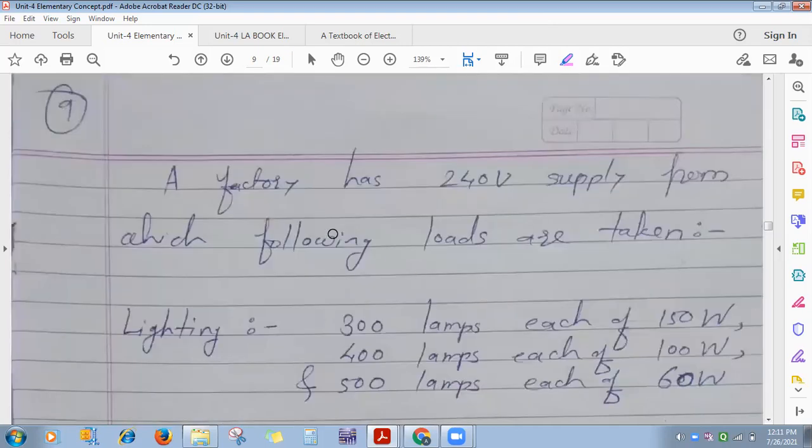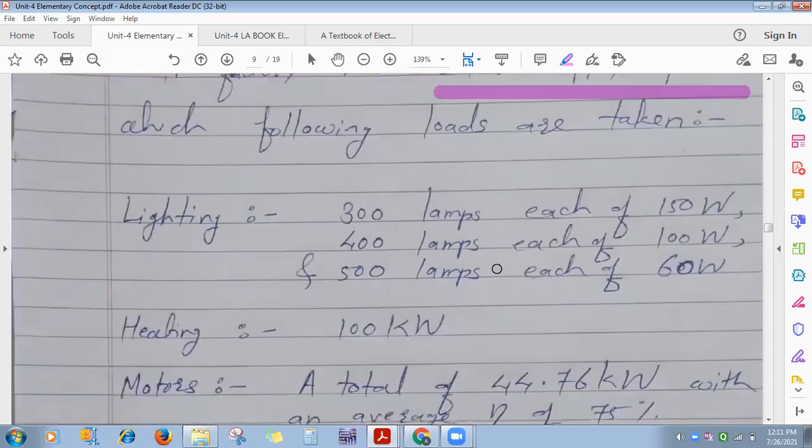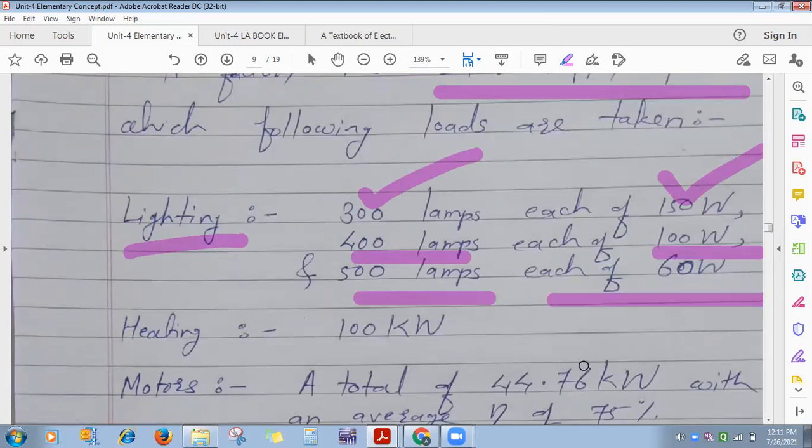So we'll see the sum. See here, a factory has 240 volt supply. Following is the load. Lighting load, 300 lamps are there, each lamp is 150 watt. 400 lamps, each lamp is of 100 watt. Next 500 lamps, each lamp is of 60 watt. Then heating load is there, heater.